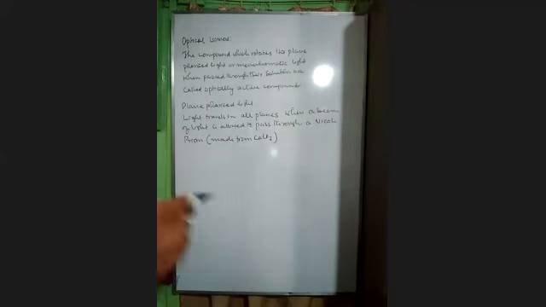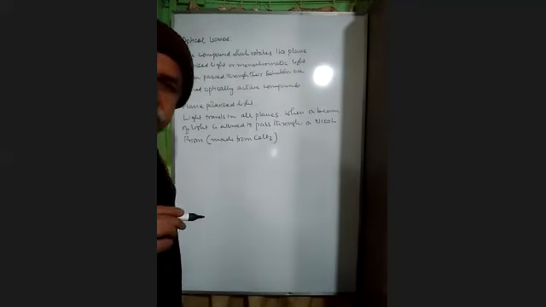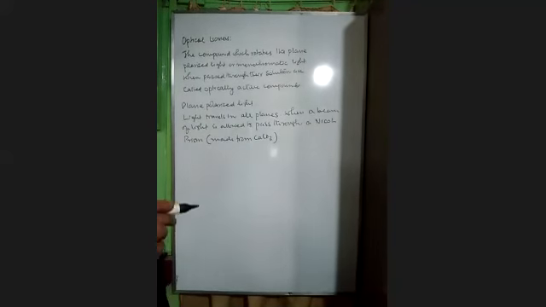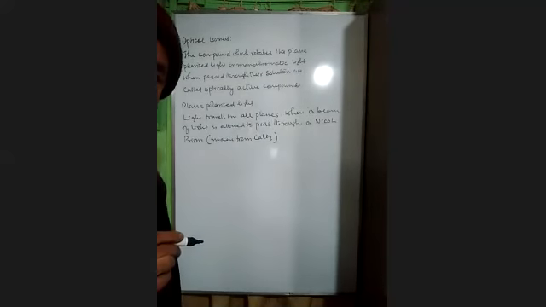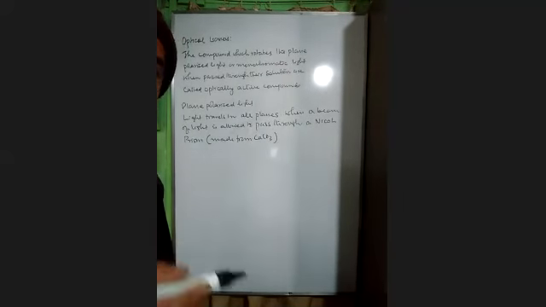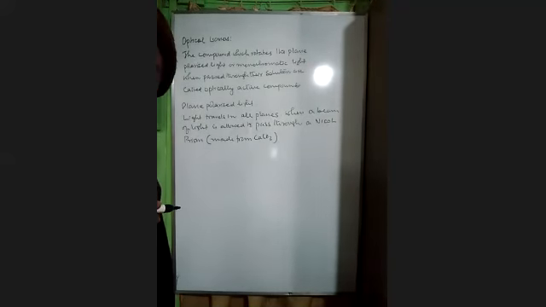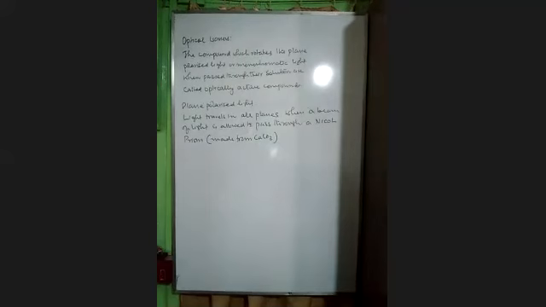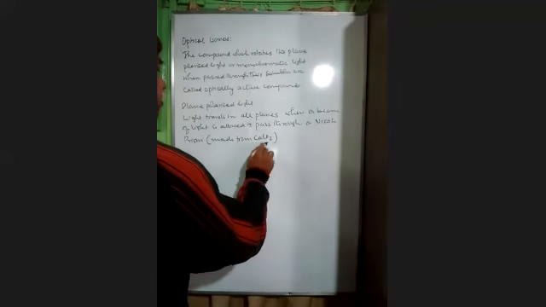Calcium carbonate you have seen, lime, white. If you press calcium carbonate, it becomes colorless, just like salt. Salt looks white, you press it, it looks like a piece of glass. Made from calcium carbonate. This is for entrance exam.